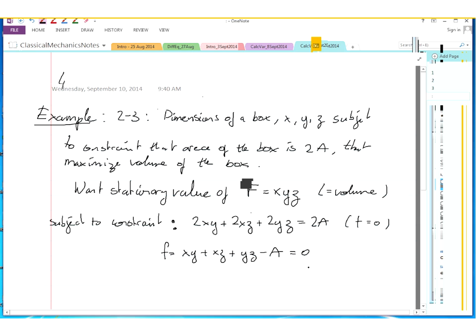So we have our two functions, right? We have F. Like I said, I could have noted that F is a function of x, y, and z. So that's like q1, q2, q3. And then little f is also a function of x, y, and z. And it's equal to that.